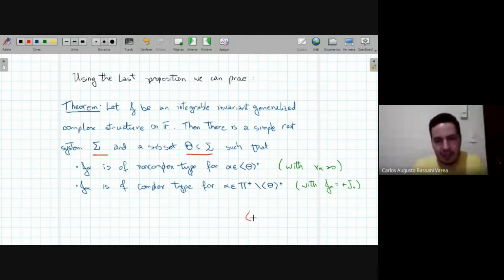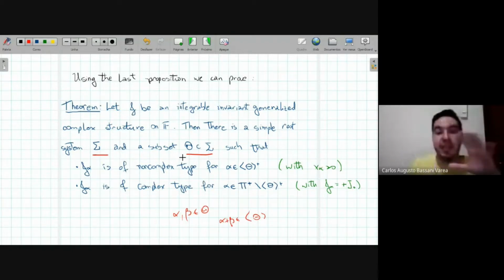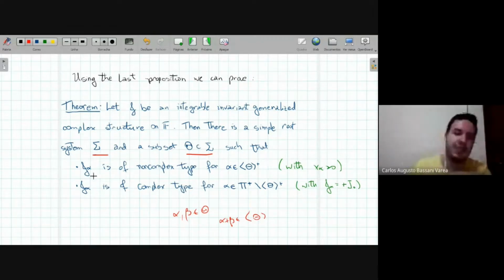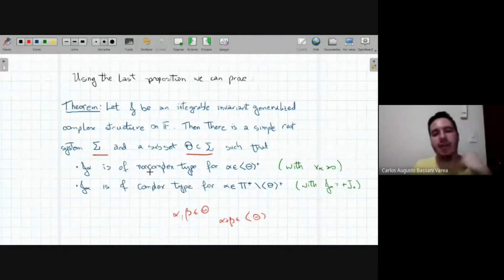This notation means that if alpha and beta are in theta, then alpha plus beta will be in here. So there exists this simple root system and a subset such that for the roots inside the generated by theta, J alpha is of non-complex type, and outside of this set, it's of complex type.